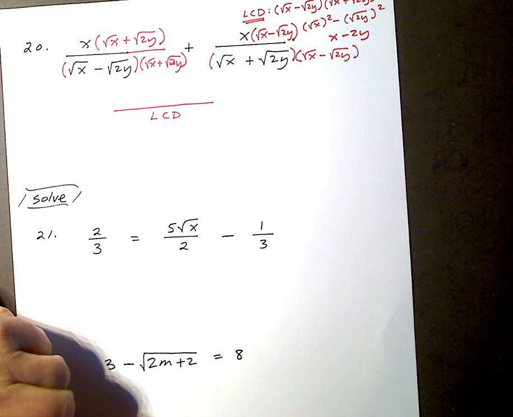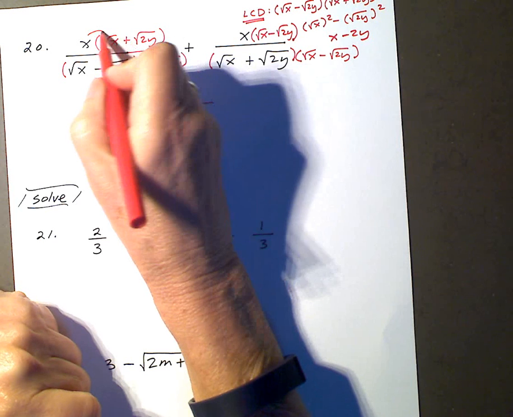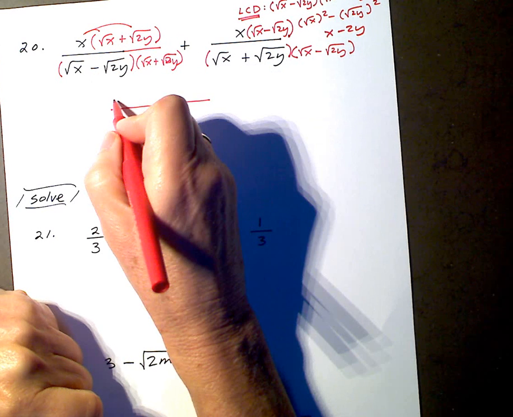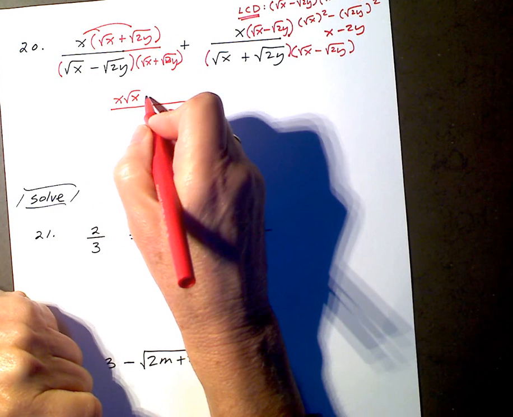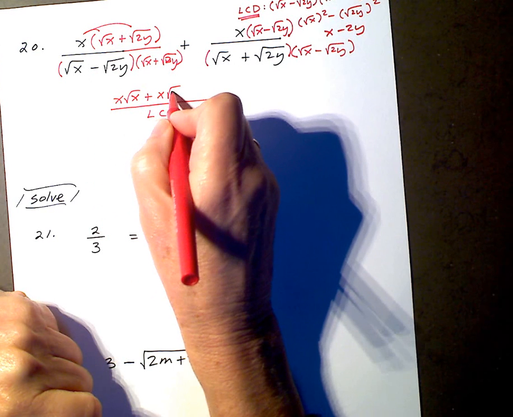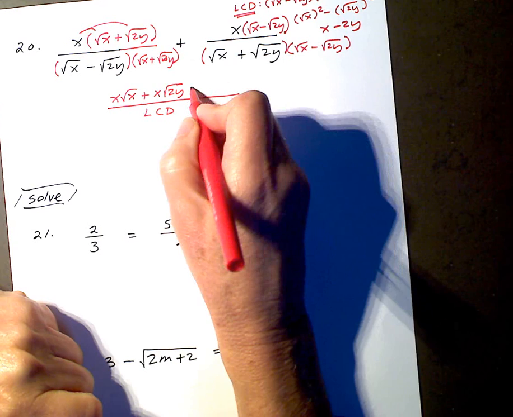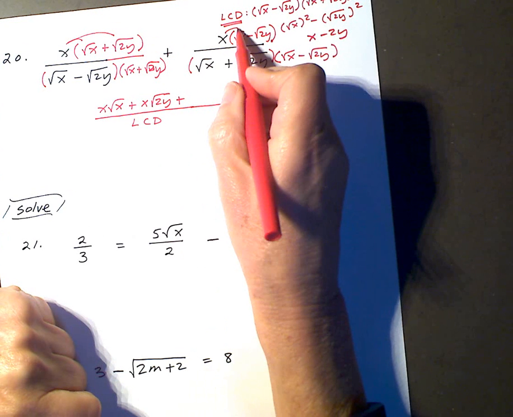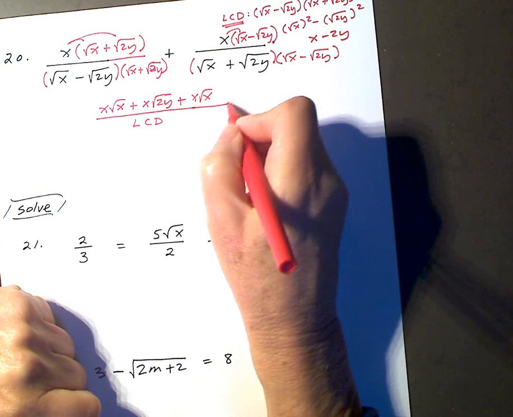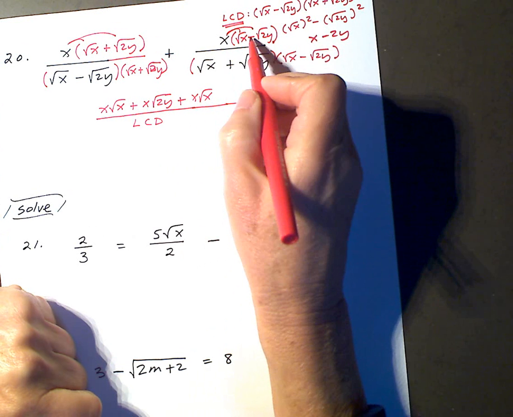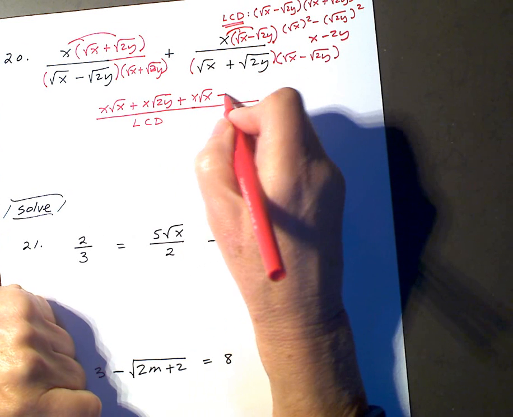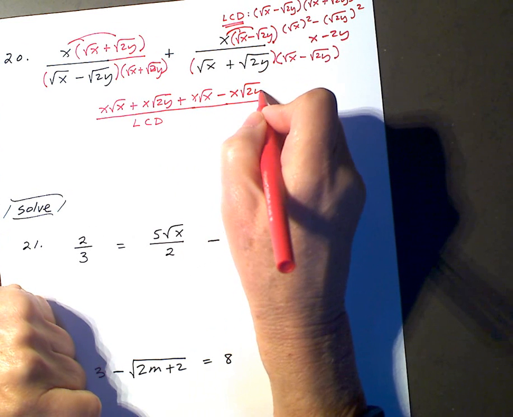So I'm going to have, by distributive multiplication here, x times the square root of x plus x times the square root of 2y plus x times the square root of x minus x times the square root of 2y.